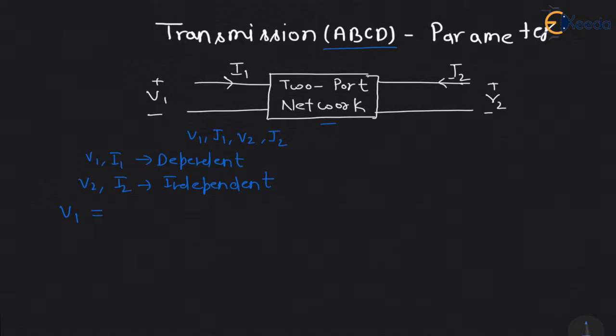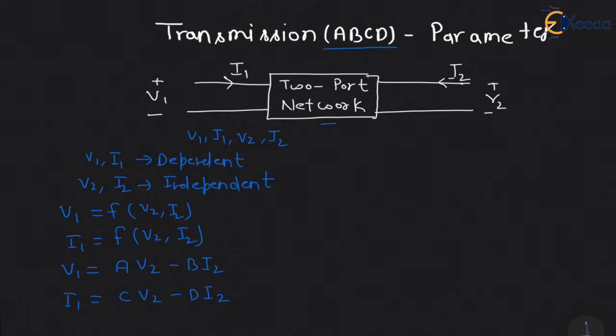So we can write V1 is equal to function of V2 and I2, and I1 will be equal to function of V2 and I2, and with the help of proportionality constant we can directly write V1 is equal to A into V2 minus B into I2, and I1 can be written as C into V2 minus D into I2.